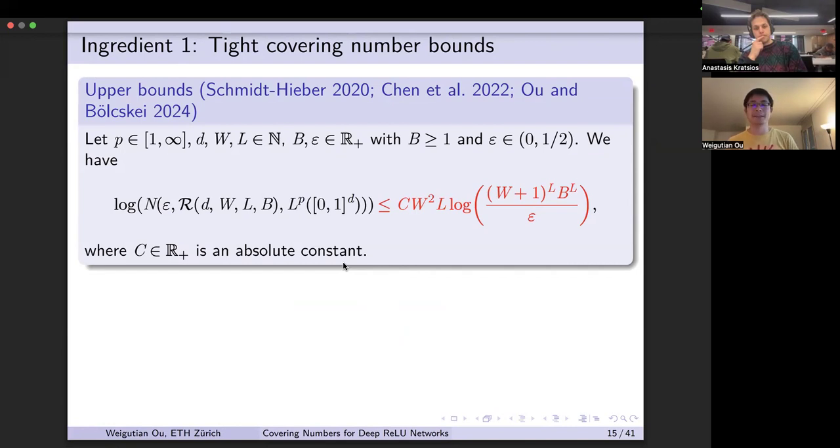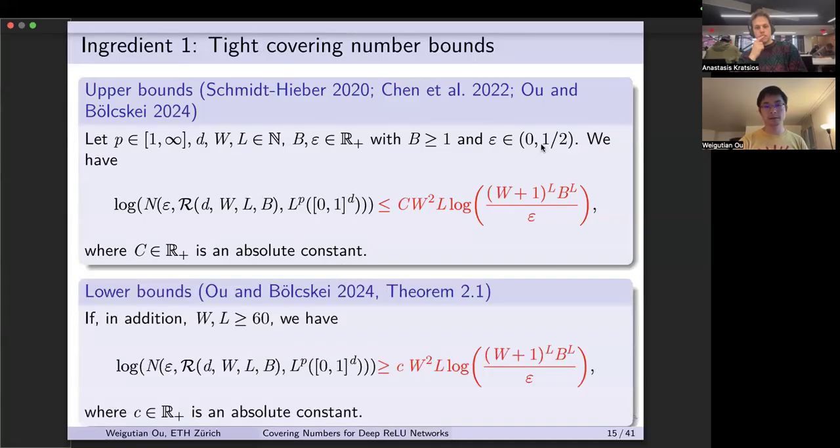This result was used to bound the generalization error, but unfortunately, there's no lower bound available. In my paper with my supervisor, we showed that indeed this upper bound is tight under some mild assumption, that is, when W and L are greater than 60. That means the logarithm of the covering number should look exactly like this form.